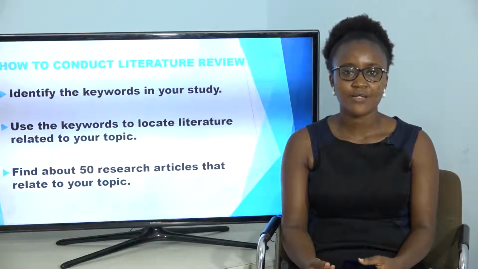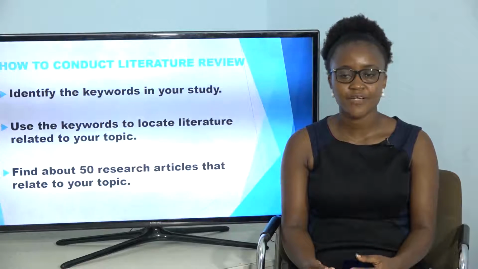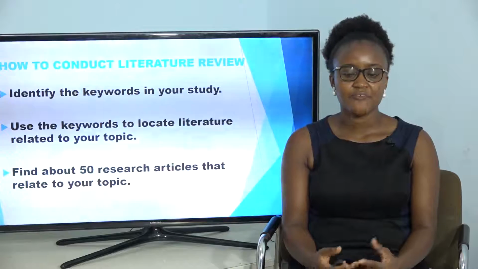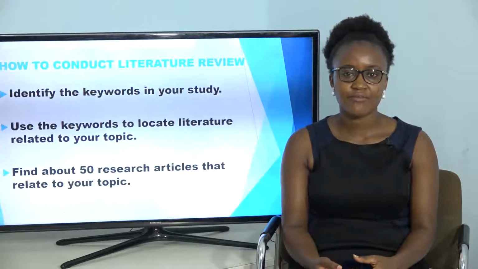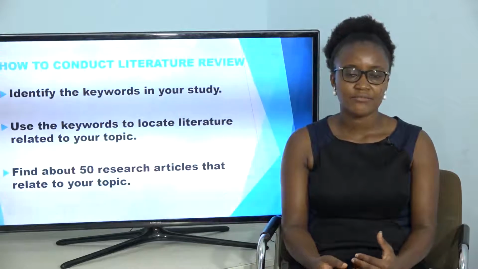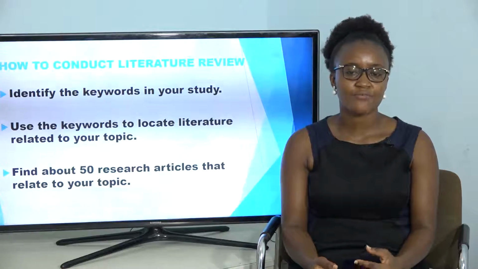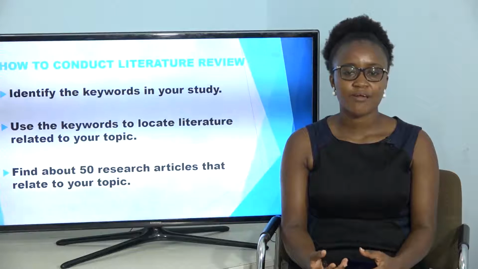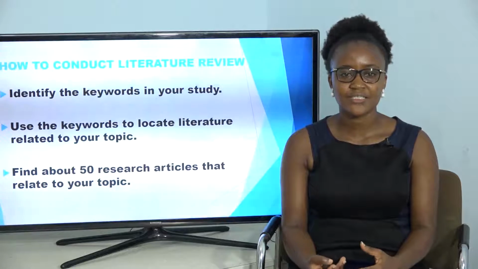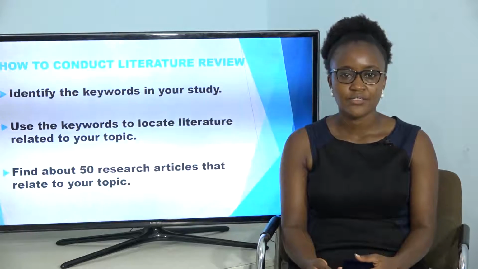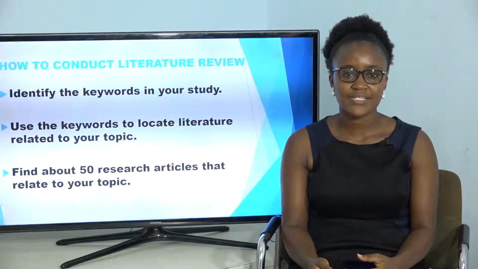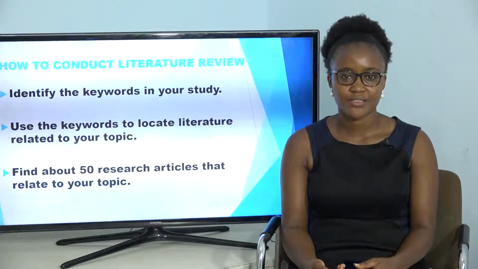So having looked at that, you know that if you are searching for information, then information-seeking behavior will be some of the major keywords you'll be using, looking out for areas where people have conducted studies on information-seeking behavior of pastors. So you use the keywords to locate literature related to your topic.